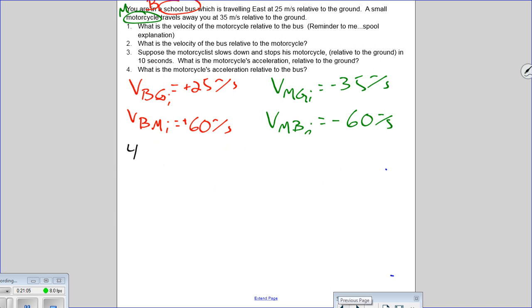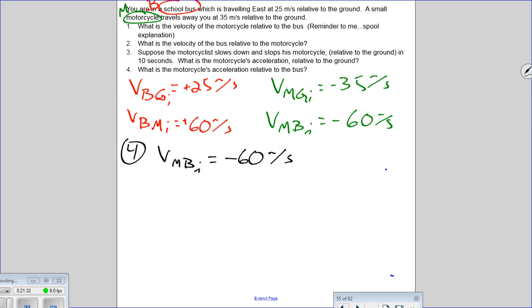So number 4, find the motorcycle's acceleration relative to the bus. The velocity of the motorcycle relative to the bus initially was negative 60 meters a second. So to find the acceleration relative to the bus, what other thing do I need to know that's not written on the board yet? The velocity of the motorcycle final relative to the bus.